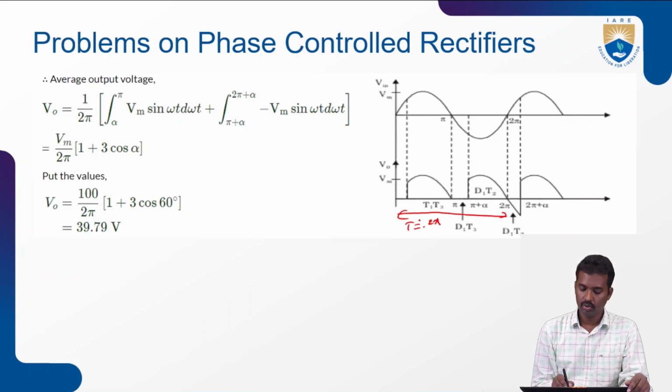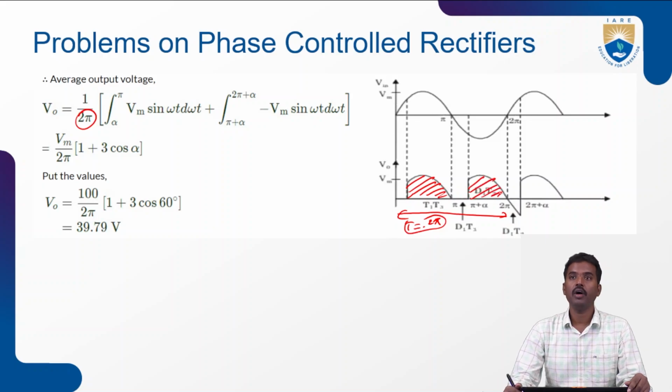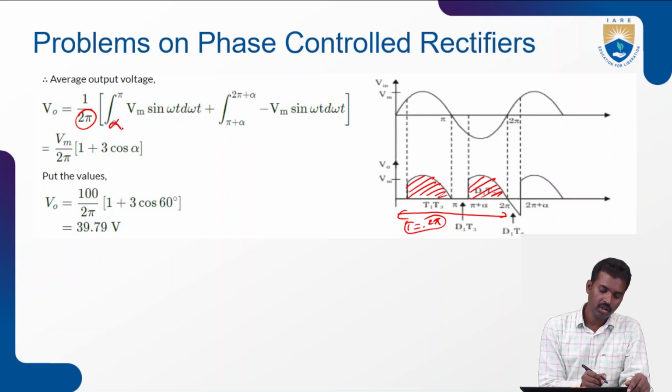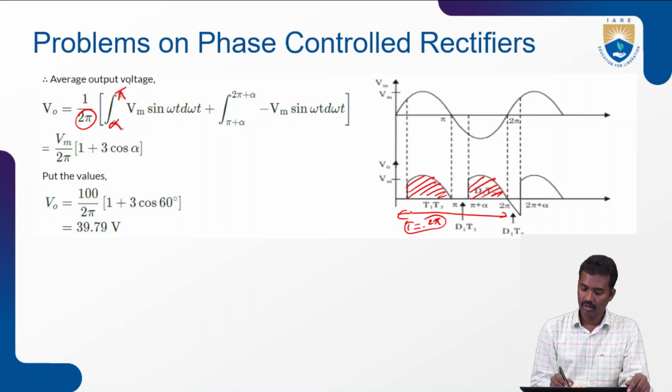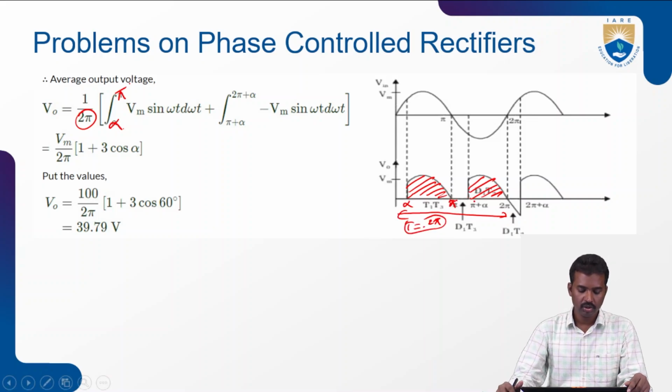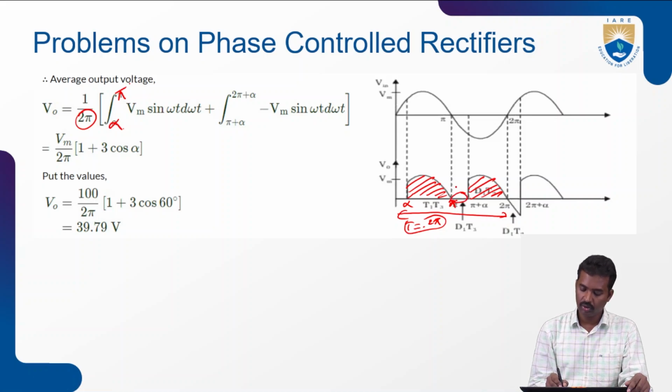The integral goes from alpha to pi, and next from pi to pi plus alpha, where the value is 0, so no need to calculate. Next from pi plus alpha to 2 pi plus alpha, we need to calculate up to this point.